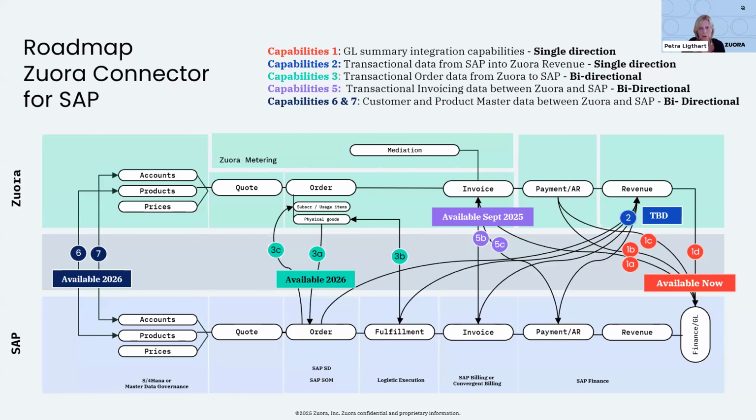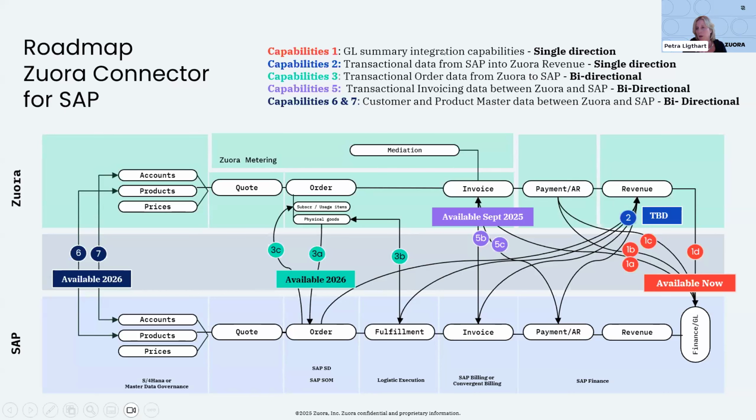Here you see our roadmap. On the top, you see the end-to-end processes within Zuora, let's say our order-to-cash processes. And at the bottom, in a simplified fashion, the order-to-cash processes and finance in SAP. We delivered the first launch of the SAP connector about 5-6 months ago. That's available now.